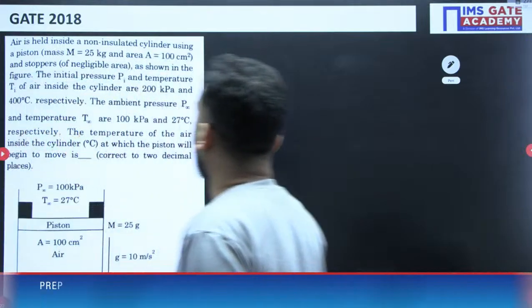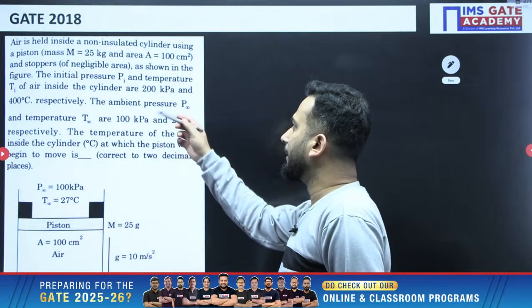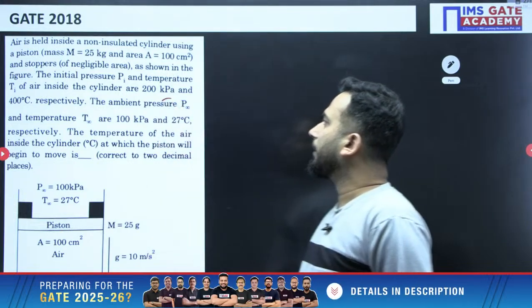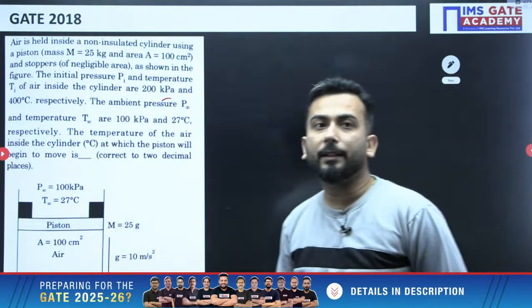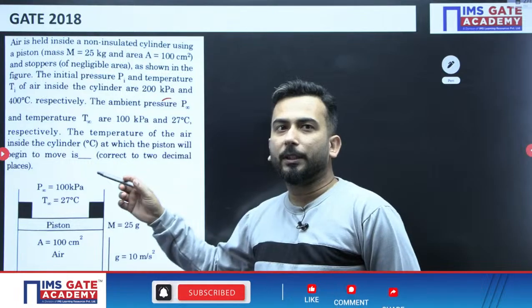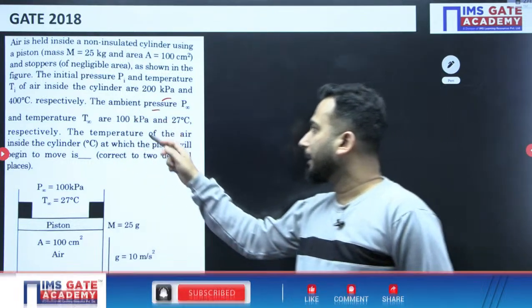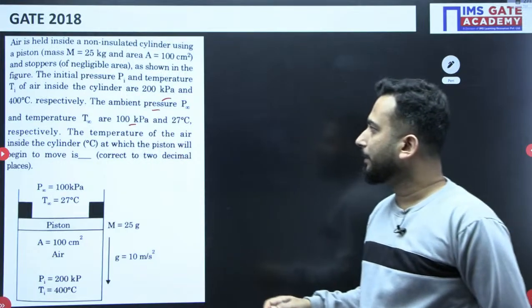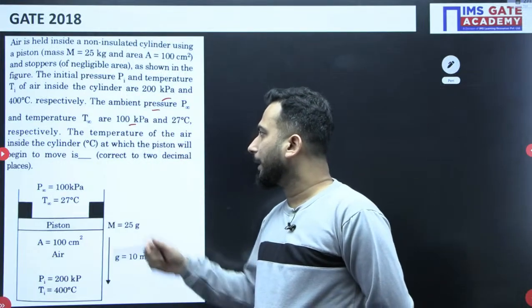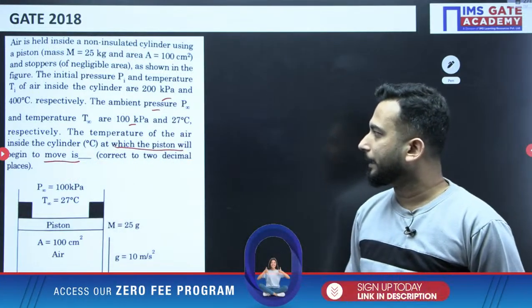The initial pressure Pi and temperature Ti of air inside the cylinder are 200 kPa and 400 degrees respectively. The ambient pressure P infinity and temperature are 127 degrees respectively. The temperature of the air inside the cylinder at which the piston will begin to move is what?